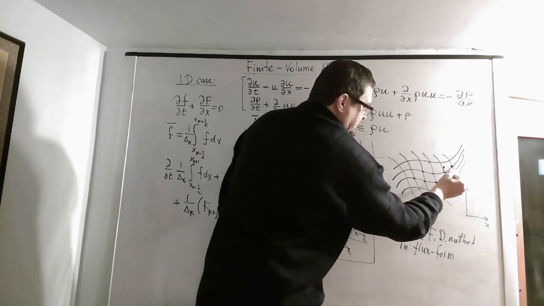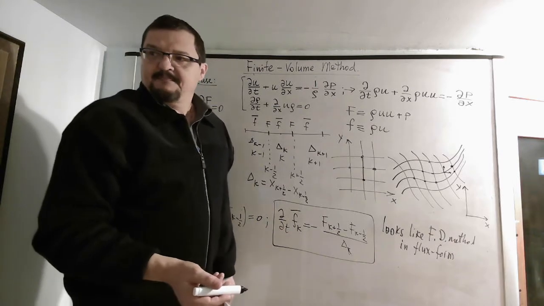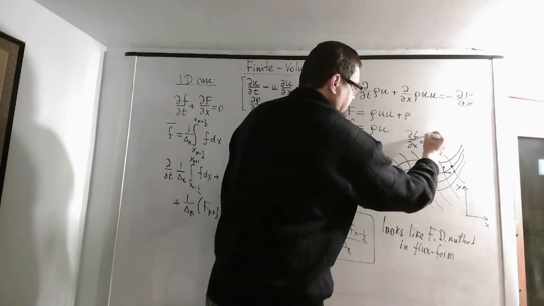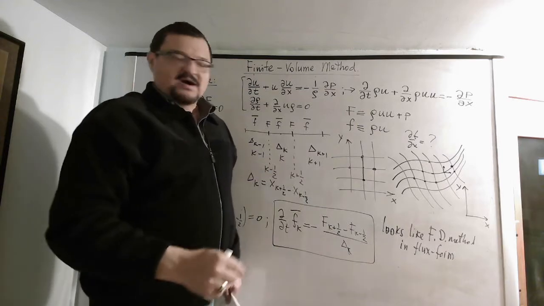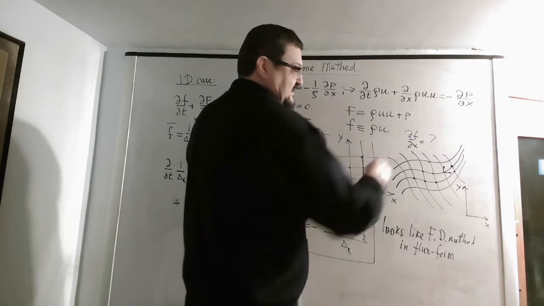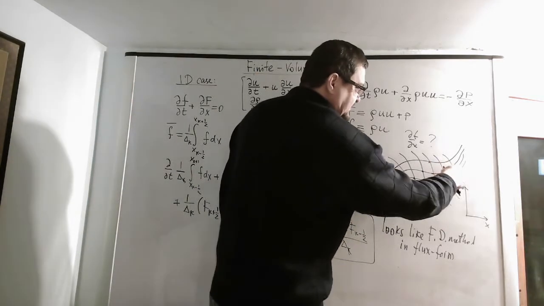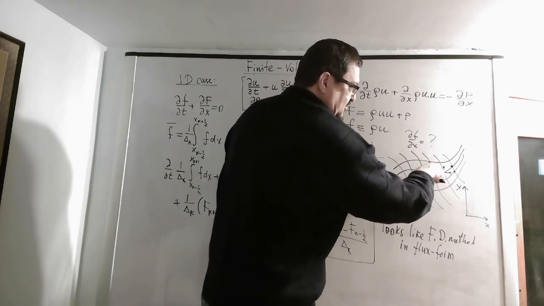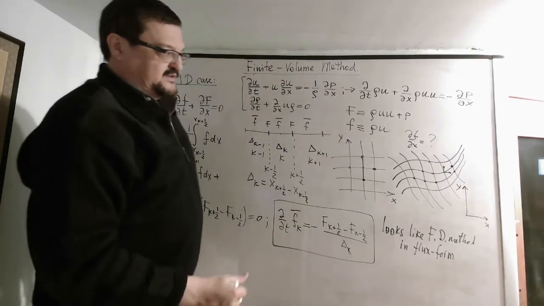How do you actually approximate the derivative in this case, df/dx? How do you use Taylor series for that? Because now you need to take into account that the function varies in y too, even when you compute df/dx. Your next grid point that you try to use for the approximation is not actually there along the x-axis, it's somewhere else. So what do you do in this kind of case?